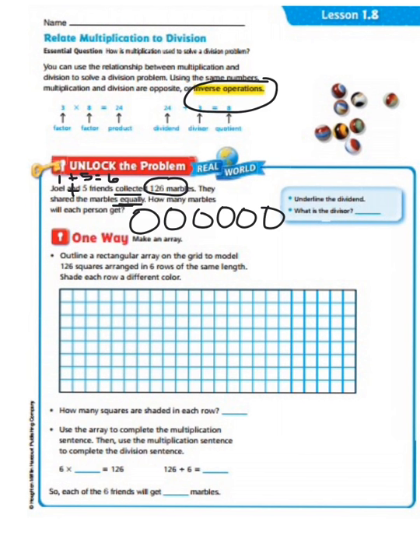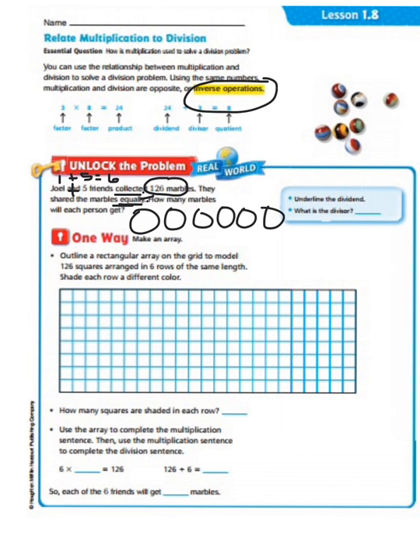So when we start with a big number and we're giving some to each person, that typically means, which is what equally, division. So one way that we can solve this problem is to outline a rectangular array on the grid to model 126 squares arranged in 6 rows of the same length. And we're going to shade each row a different color.